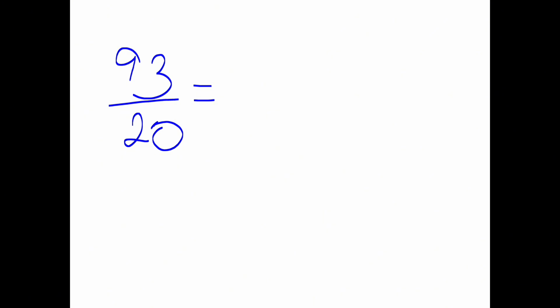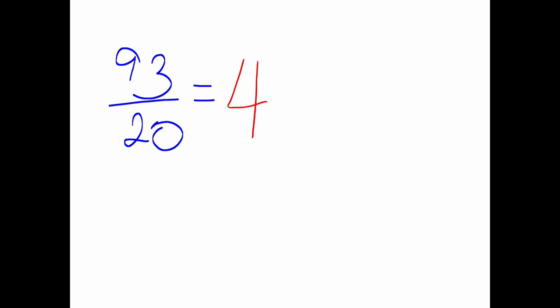So here we are having 93 over 20. That is 93 divided by 20, right? So how many 20s will you see in 93? Very good. We have 4. So the 4 is our what? Whole number. So for the fraction part, we start with the remainder. It will remain what?